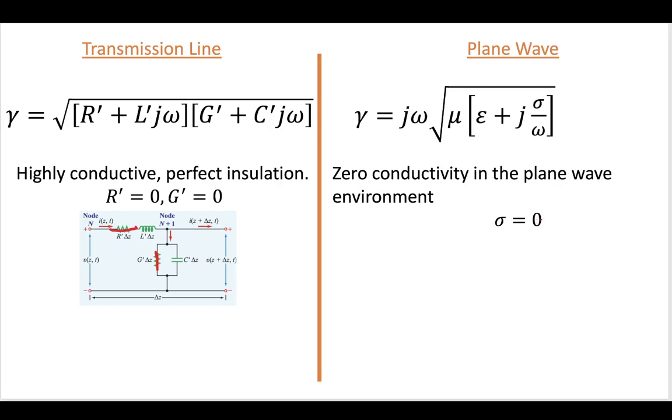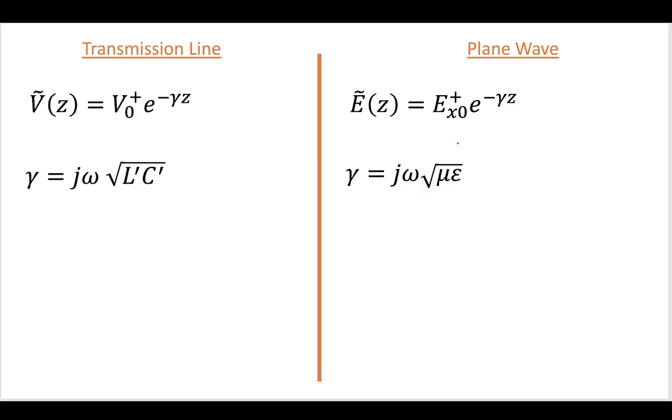Now, what that does for us, basically, is going to get rid of the parts of this that added to the loss, that added to that alpha that made the amplitude of an instantaneous wave reduce. Okay, so this reduces our gamma on the left-hand side for the transmission line to j omega root of L prime C prime, and on the plane wave to j omega root of mu epsilon.